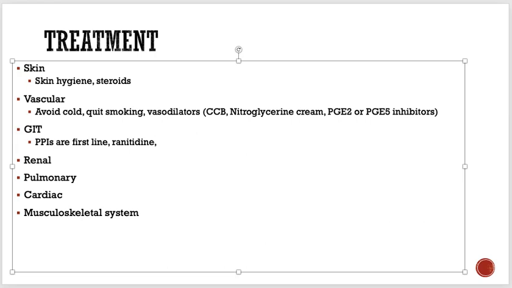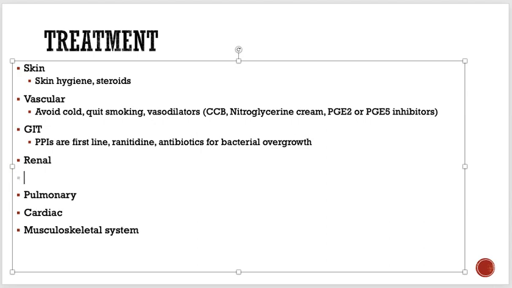So there is bacterial overgrowth. We can give antibiotics for bacterial overgrowth, right? So this can be done. Renal disease: ACE inhibitors are the best for this.